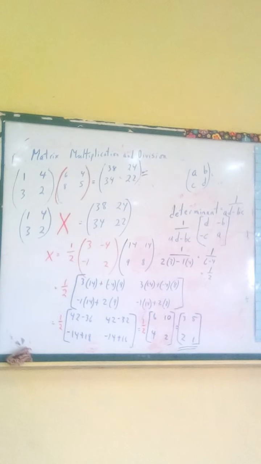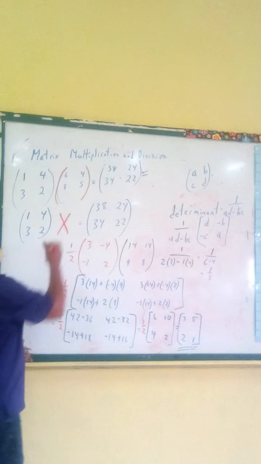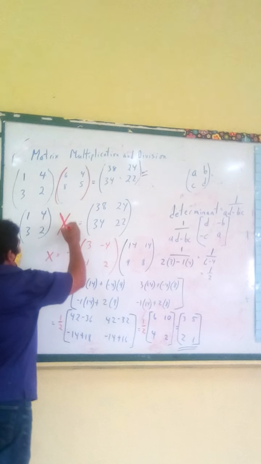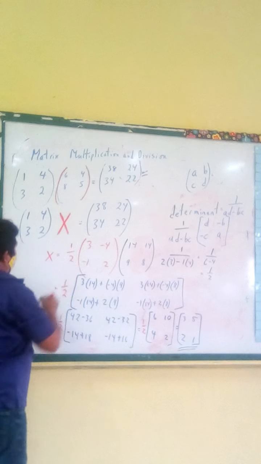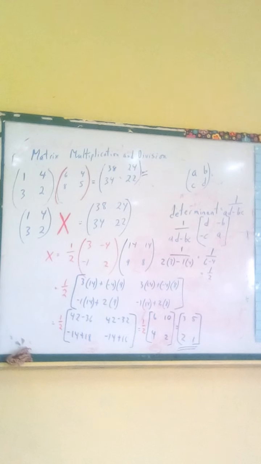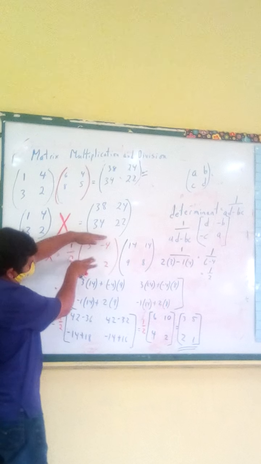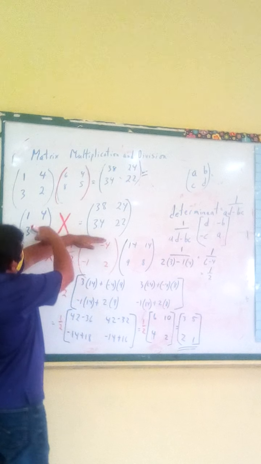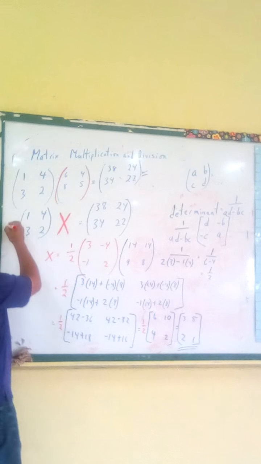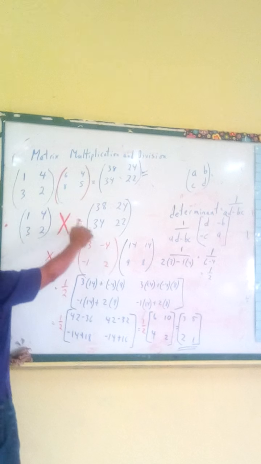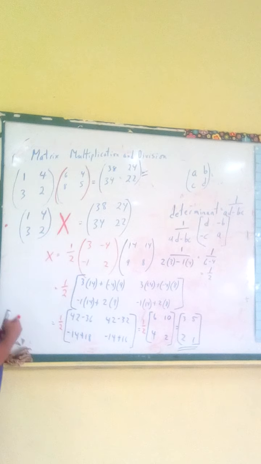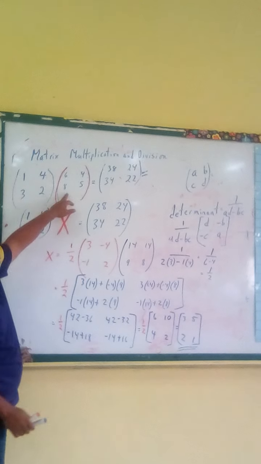So let's work it out. Remember, this is the one that we're solving for. This piece here is the old problem. This is the one that we're working with. We're solving for this matrix here. You must end up with this matrix.